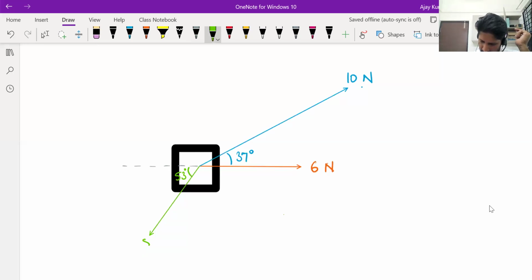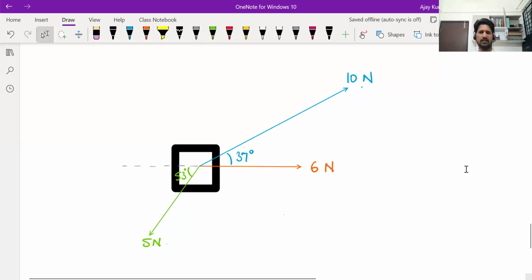And how much is it? 5 newtons. Okay. So these three forces are acting on this object. I want you to find out the magnitude of the net force, means the magnitude of resultant of these three vectors. Try this, all of you.